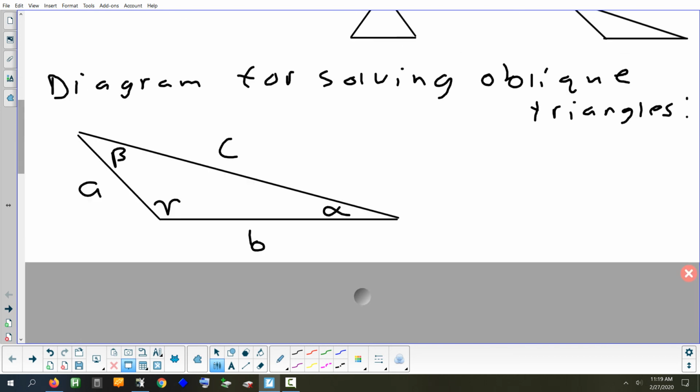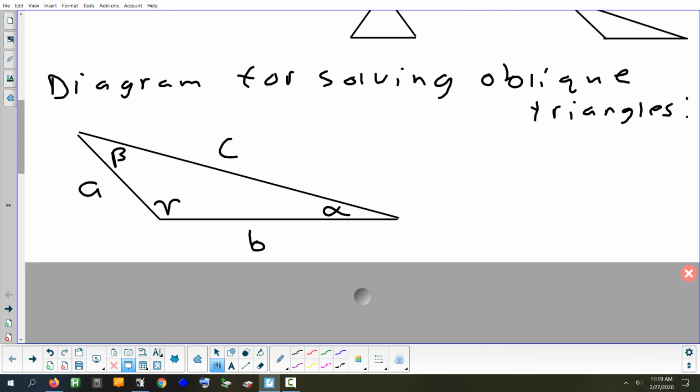You didn't need a name for the angle across from C because C was always your hypotenuse, which means the angle across from it was always 90. Well, now I have to give a name to that angle because it's not 90 anymore. And that's gamma. So you still use the letters A, B, C. Always put A across from alpha, put B across from beta, and C across from gamma.